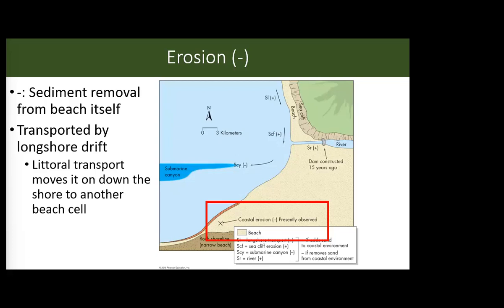Eventually, we're going to move out of the beach cell with all of this coastal erosion. So we have all these longshore currents. Remember, it's not just the movement of it, it's the wave action coming up and taking it away. Some of that gets taken all the way out into the ocean. We're taking all that sediment out of the sediment system. So that's a negative in our budget.